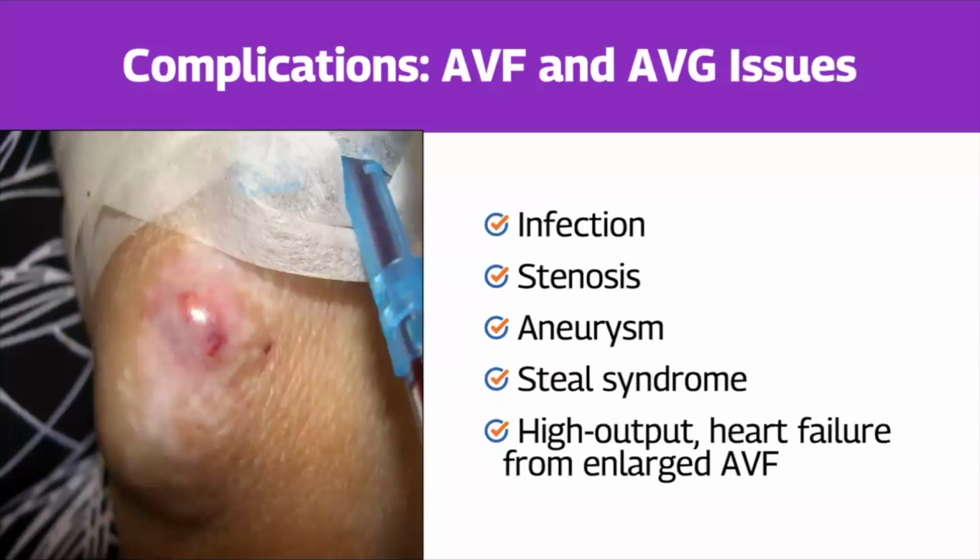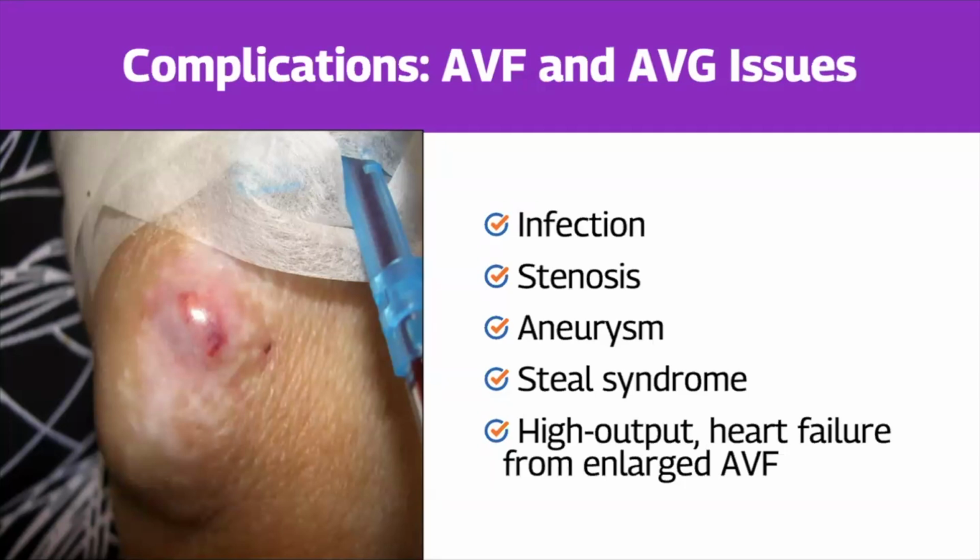So we can have complications in an AV fistula and AV graft, and some of them are these. Infection can occur due to failure of using aseptic technique or poor hygiene of the patients, and it's almost always treated with antibiotics.